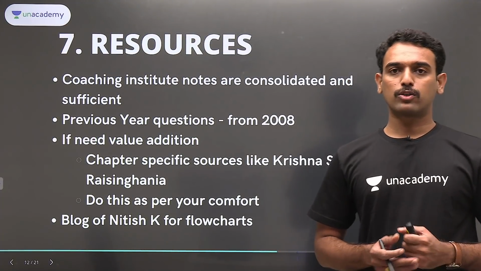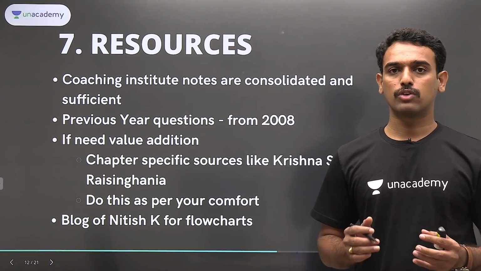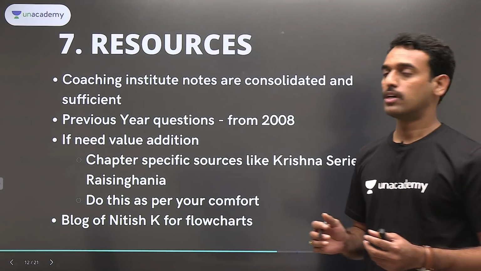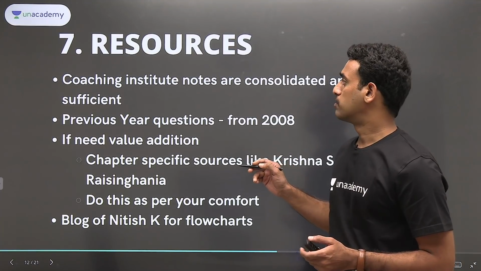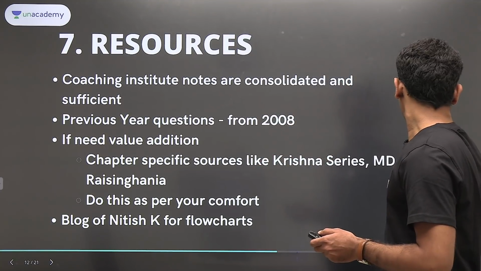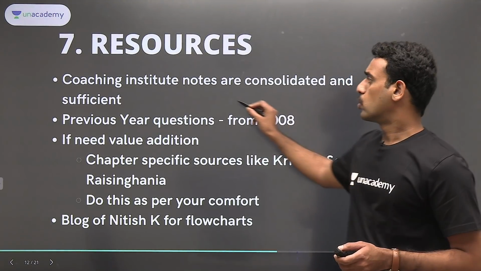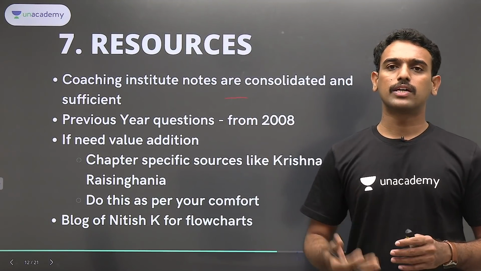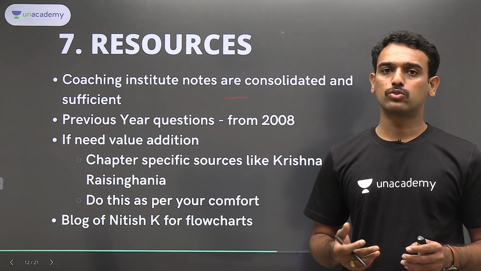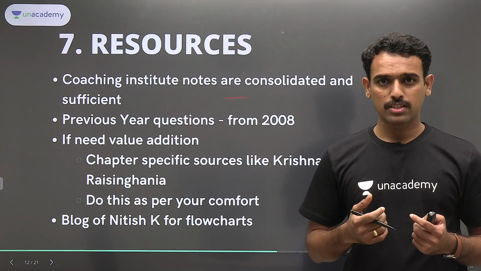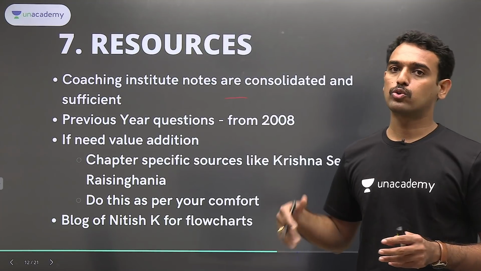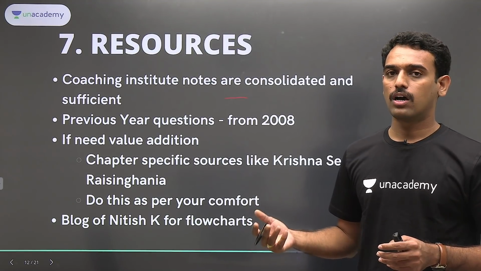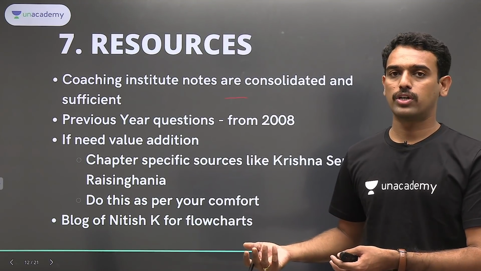Now coming back to mathematics, the resources which will be required for this particular optional subject. As I have already previously mentioned, the coaching institute notes are the most consolidated, and that will help you cover the syllabus really fast. From personal experience, you need not do anything apart from the coaching institute notes if they are from reputed institutes.